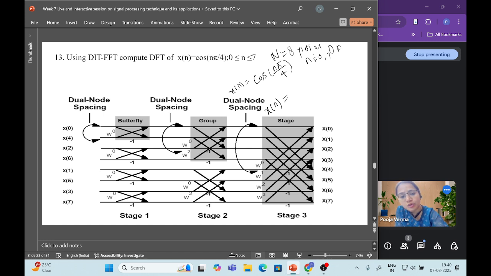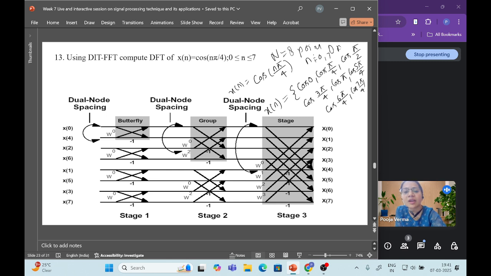If you put these values, you will get cos 0, then for n equal to 1 you will get cos pi by 4, cos pi by 2, cos 3 pi by 4, cos 4 pi by 4, that is cos pi, then cos 5 pi by 4, cos 6 pi by 4, and next cos 7 pi by 4.